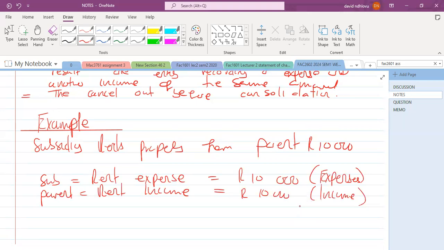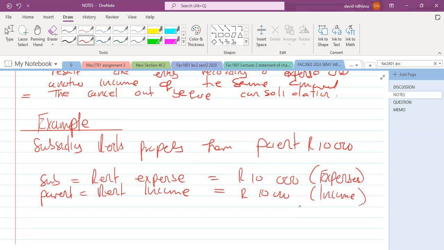If it so happened that the one who is supposed to pay the rent did not pay it, then the other entity now will record it as an accrued rent, the other one as what? Accrued income. So it will now appear in the statement of financial position. It will cancel out as an intercompany common item.